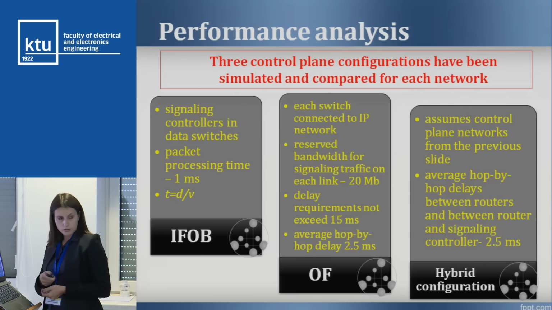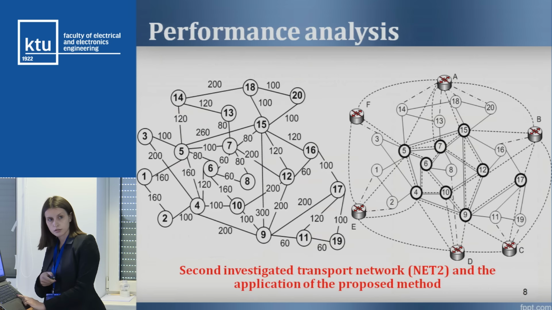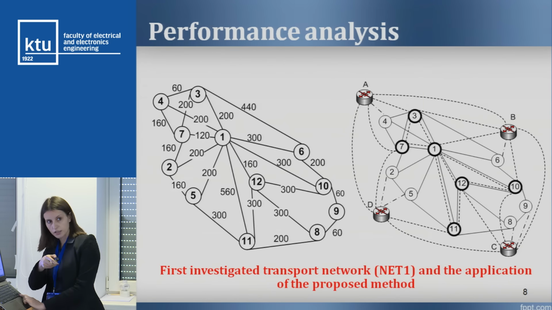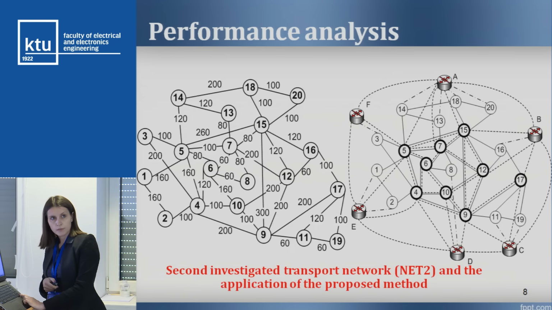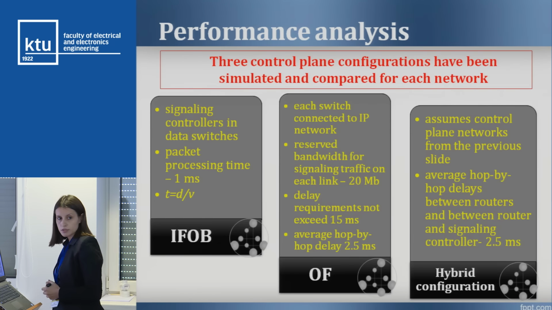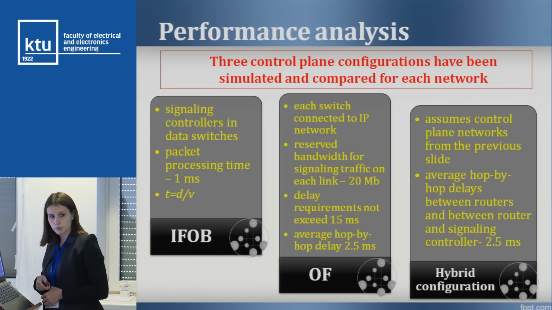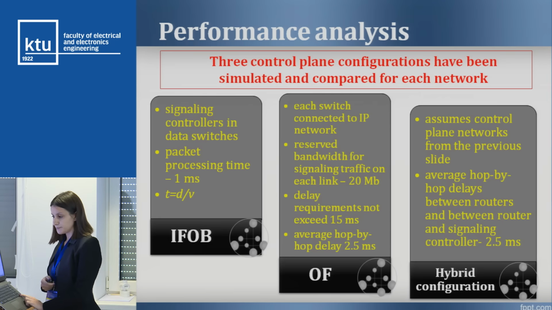So these were the parameters of the first configuration, in-fiber out-of-band, then out-of-fiber, and our hybrid configuration, which combines the previous ones. For the hybrid configuration, this was the control plane for the first network configuration, and this for the second. Average hop-by-hop delays between routers and between routers and signaling controllers were 2.5 milliseconds, which includes propagation time, queuing delay, and packet processing time.